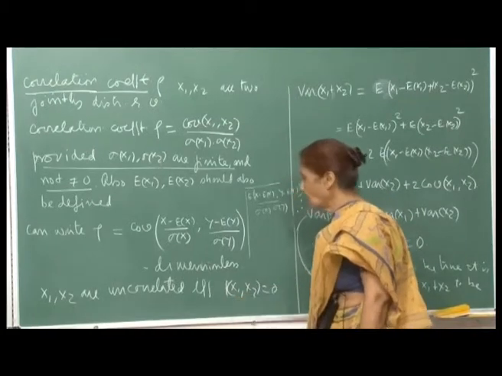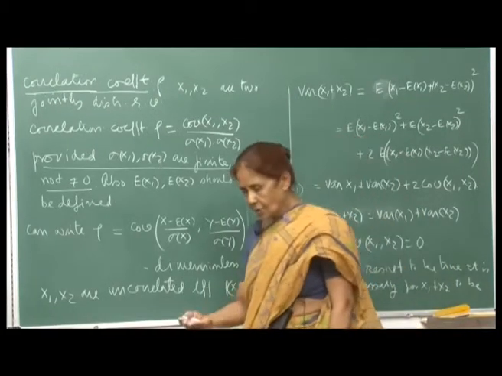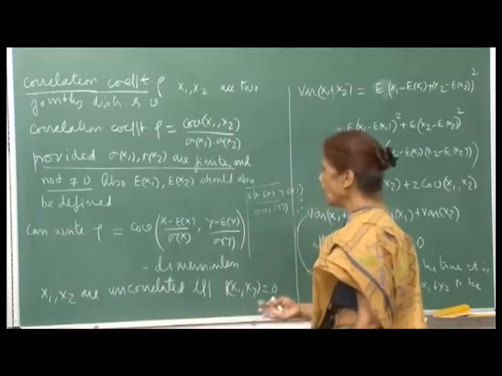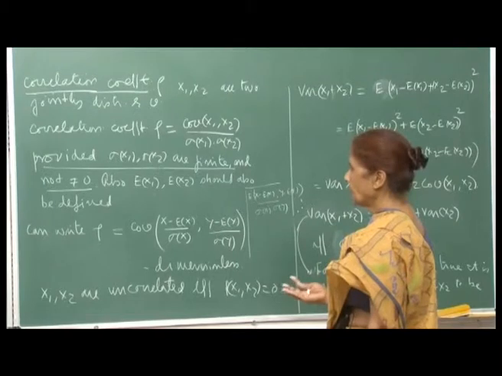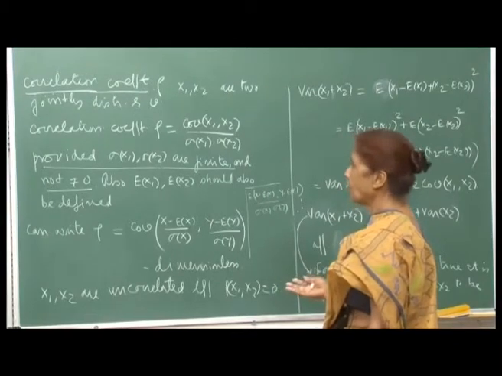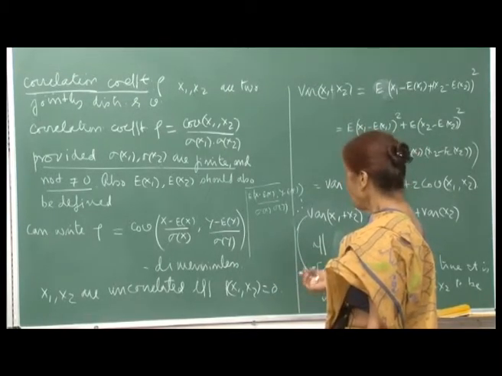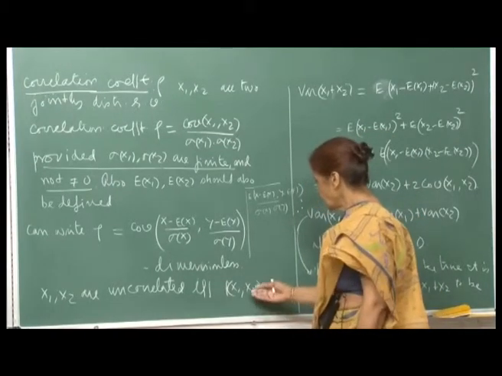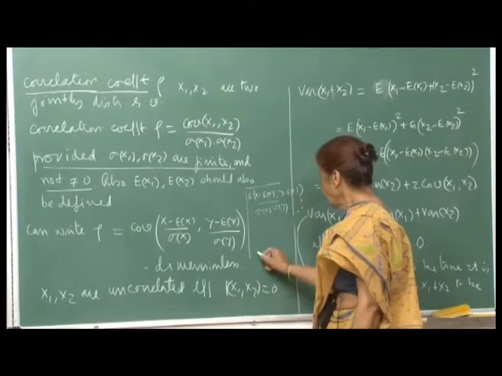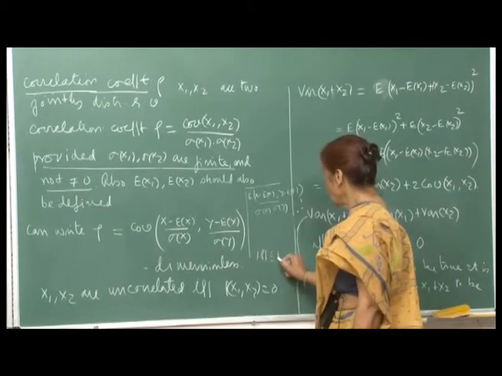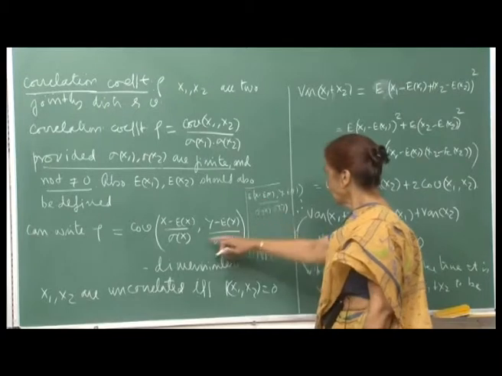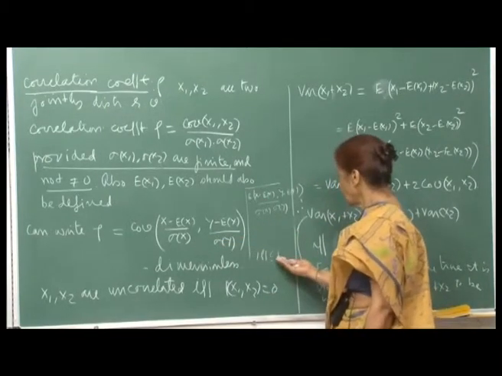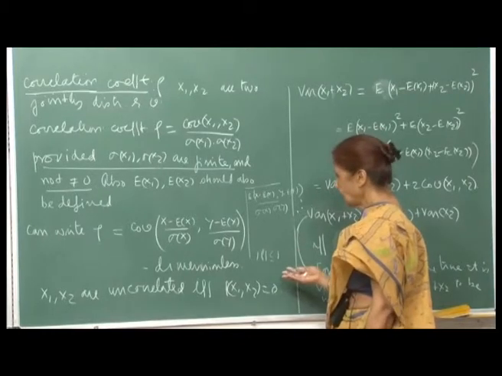Okay. And now, through Schwarz inequality and so on, I will show you that the number rho measures the relationship between the variables. Covariance simply showed you that if the variables are independent, then the covariance is 0. Here rho gives you much more information than that. We will first of all show that the absolute value of rho is less than or equal to 1 always, because we have standardized by dividing by the standard deviations, and then we will show that if rho is equal to 1, then the two variables are perfectly related.